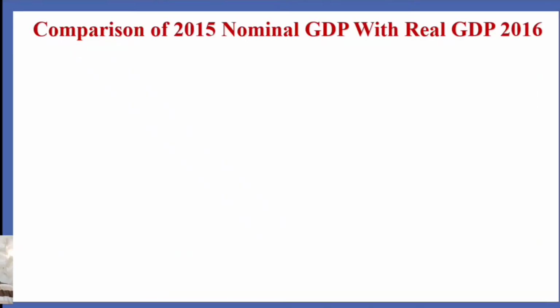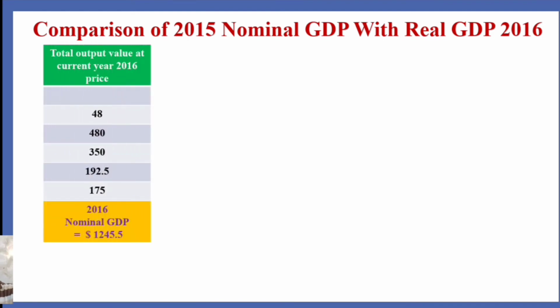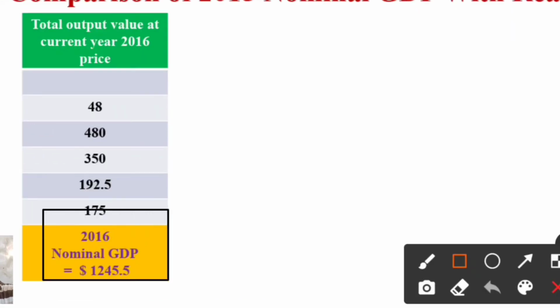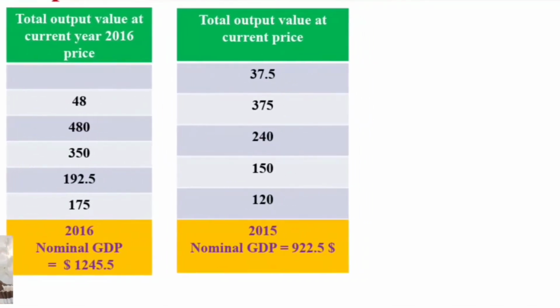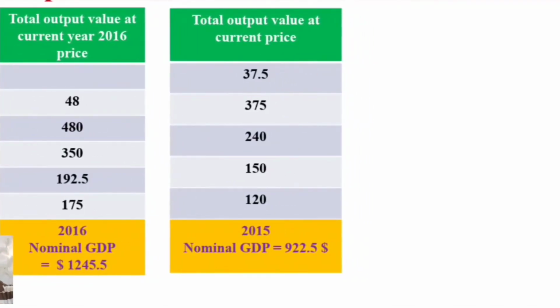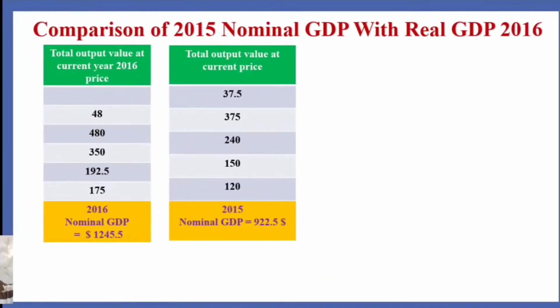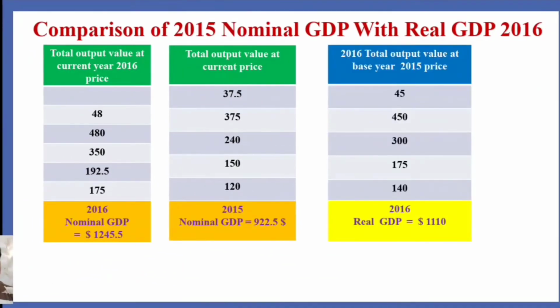We are going to compare the 2015 nominal GDP with the real GDP. The nominal GDP for 2016 is $1,245.5, and the 2015 nominal GDP is $922.5. The real GDP for 2016 that we already calculated is $1,110.